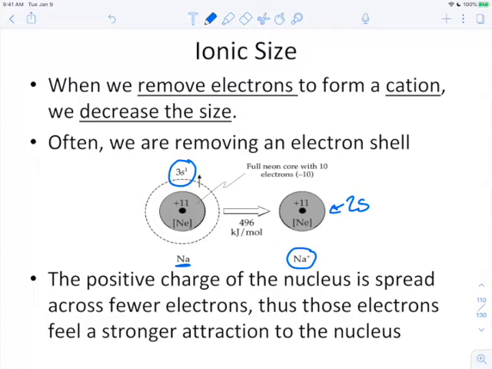But there is another reason, and this relates to what we saw for our anions. So the positive charge of the nucleus is now spread across fewer electrons. Thus, those electrons feel a stronger attraction to the nucleus. So if you can remember our neon, which the parents very tightly controlled all of those electrons, but let's just imagine, I know neon doesn't normally lose electrons, but let's imagine it's decided a couple of its electrons can go spend the night somewhere.